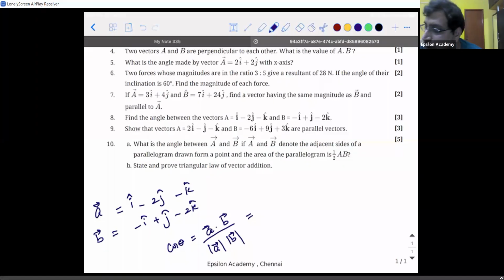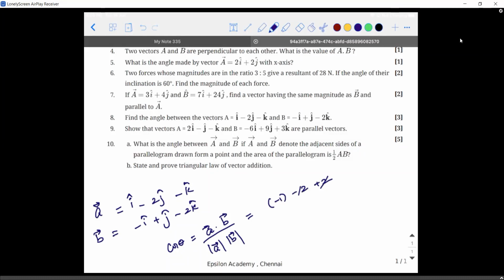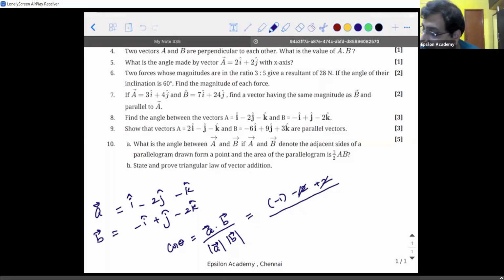Okay, let me check. So what is the A vector dot B vector? -1, -2, +2. So it is -1 divided by root of... how do we find the magnitude of a vector?